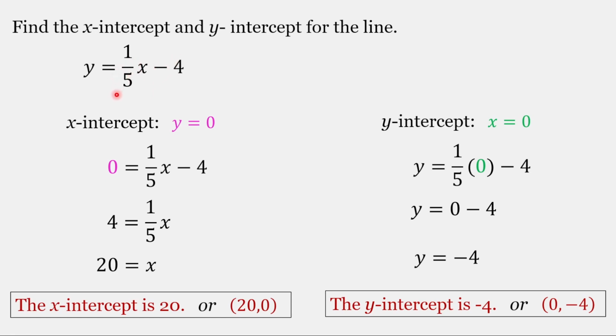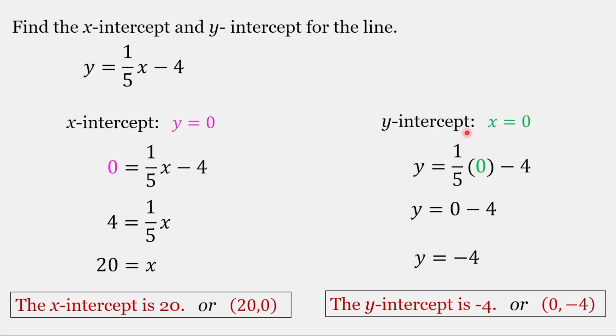So when we're finding x and y intercepts for our line, we're using this knowledge that wherever the x-intercept is, the y value is going to be 0. So we're going to plug that y value of 0 into the original equation and solve for x. And that gives us an x-intercept of 20, or we can say ordered pair 20, 0.